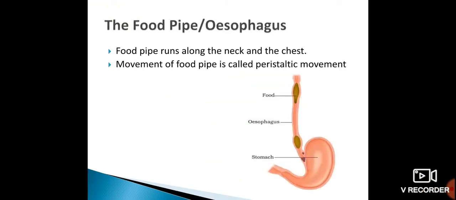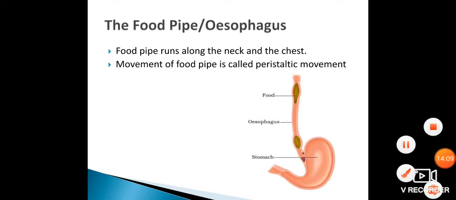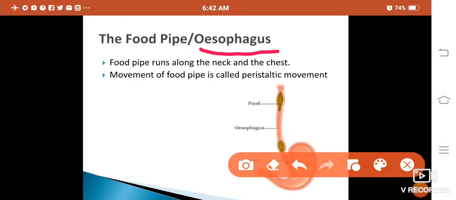So now another part of the alimentary canal, or you can say digestive system, is the food pipe. First of all, the food pipe is known as esophagus.